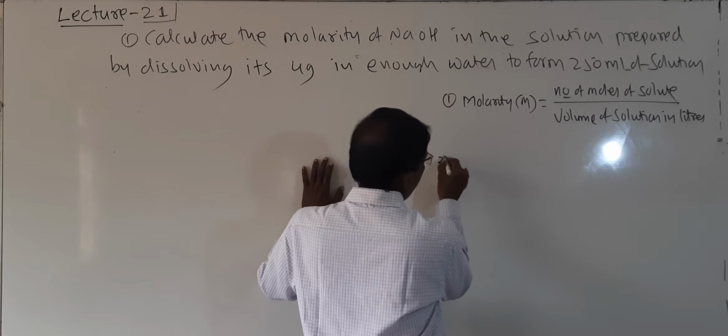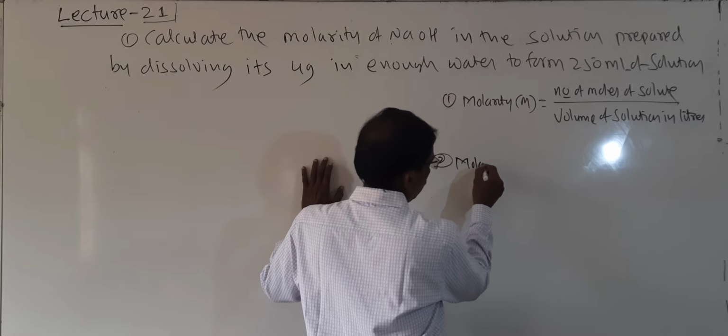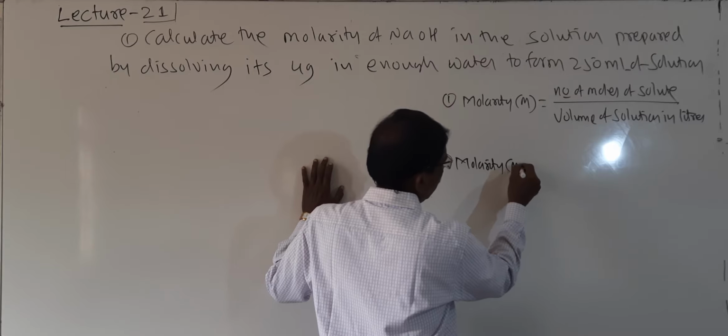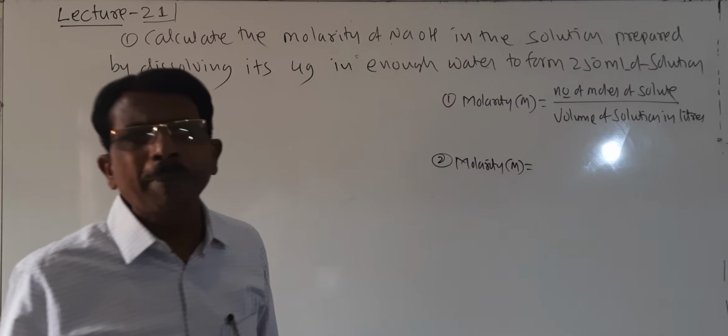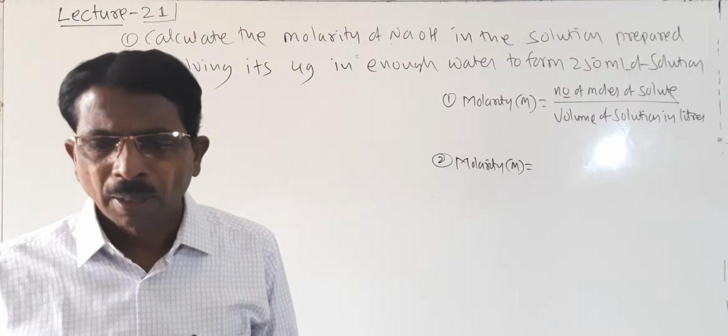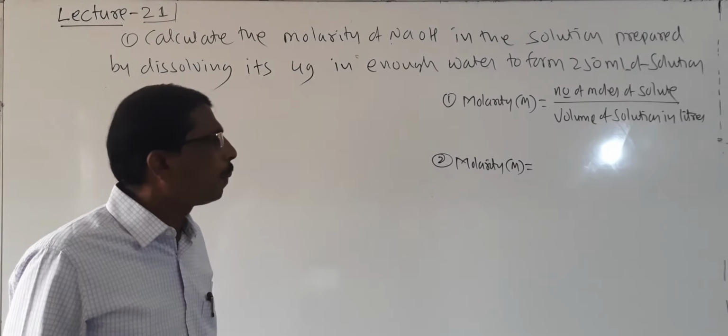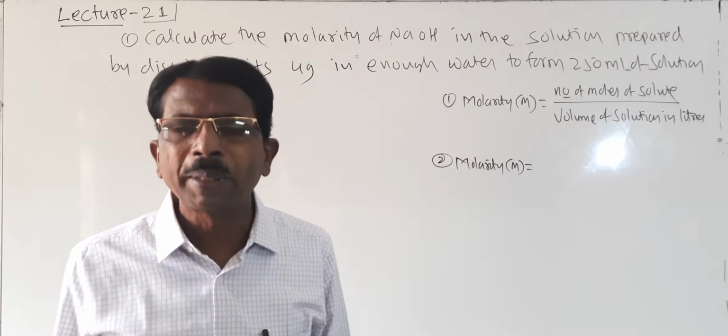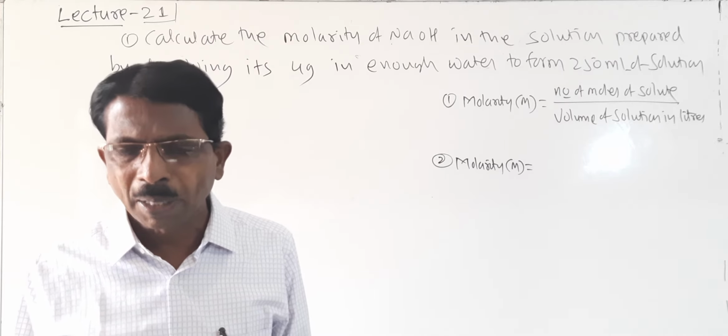Then I will write the second formula. Molarity is equal to... what do we mean by number of moles of solute? The number of moles of solute means mass of solute divided by molecular mass.